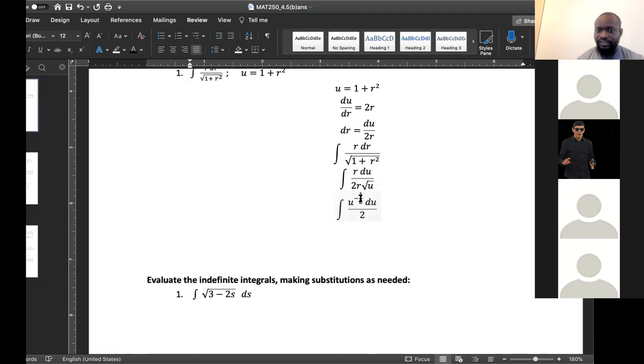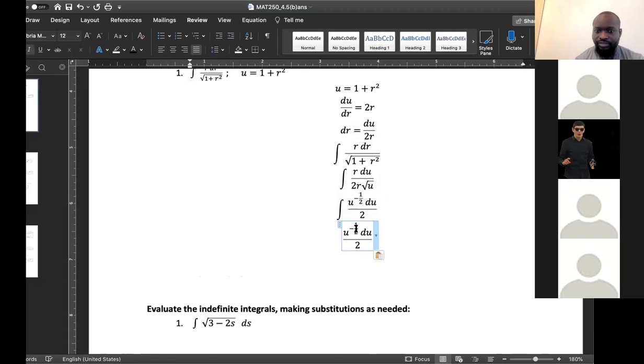So integrating this will just give me u to the minus half plus 1 over 2, then also divided by minus half plus 1. Minus half plus 1 is just plus half. There's no more du.